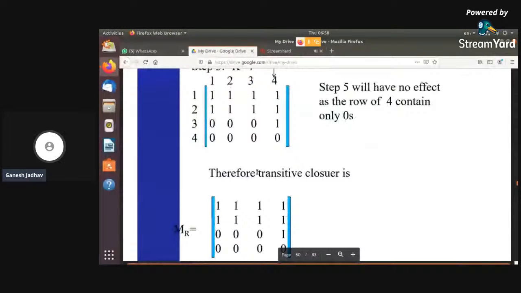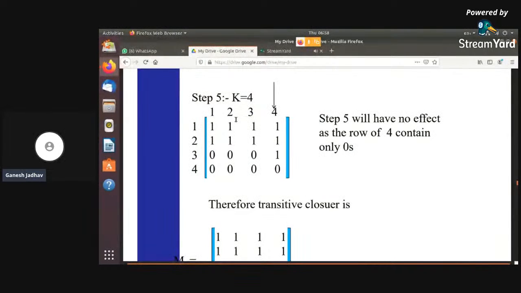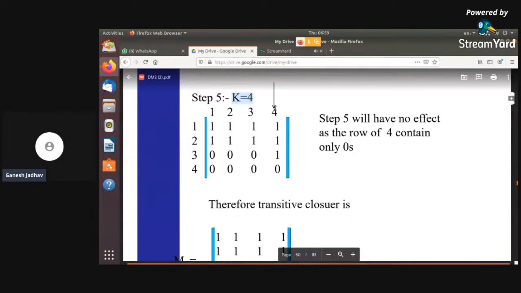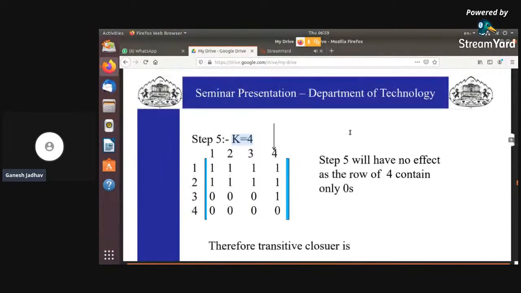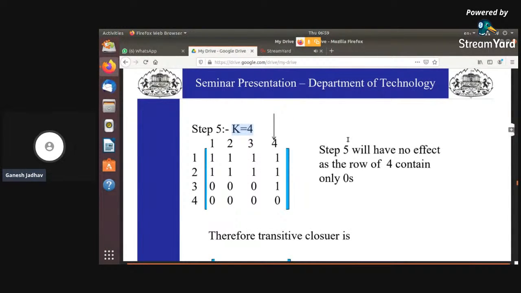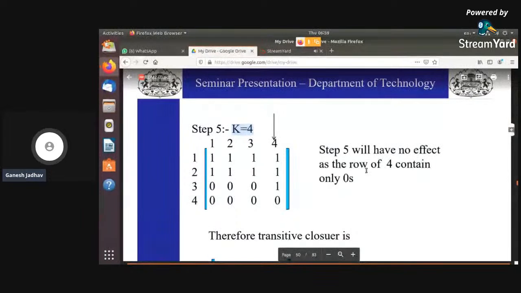Then k is equal to 4. Simply go toward your fourth column and find out where is 1. But in the fourth column there is no effect, because row 4 contains only zeros.